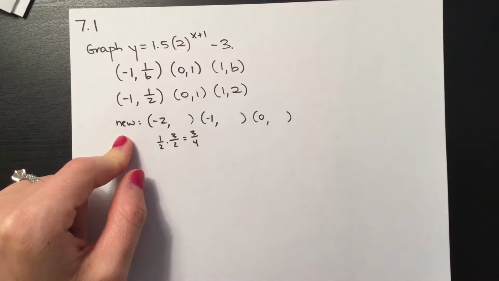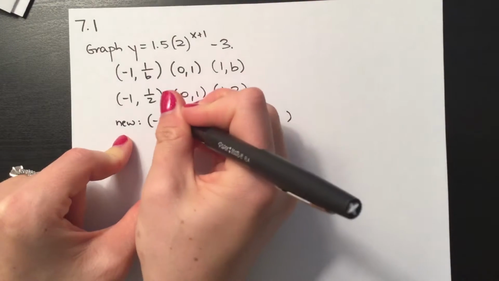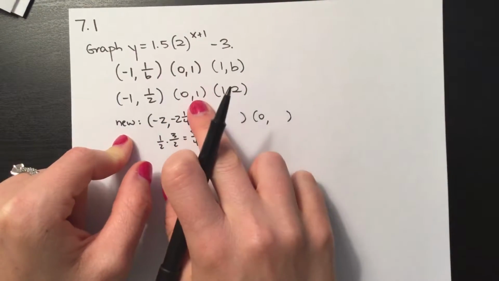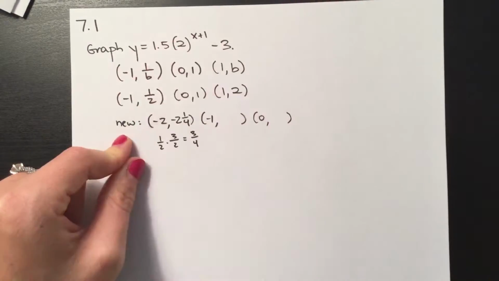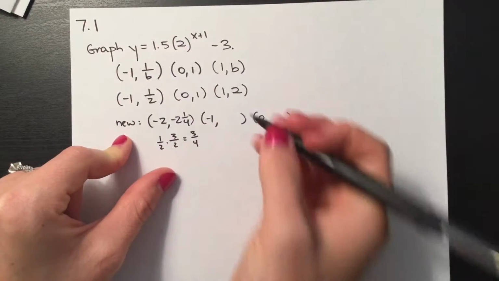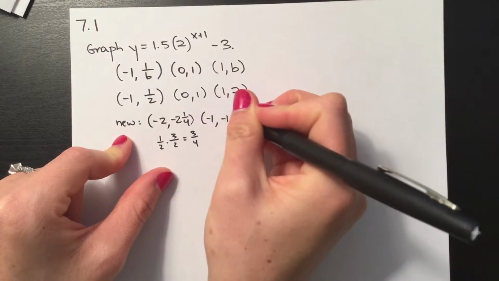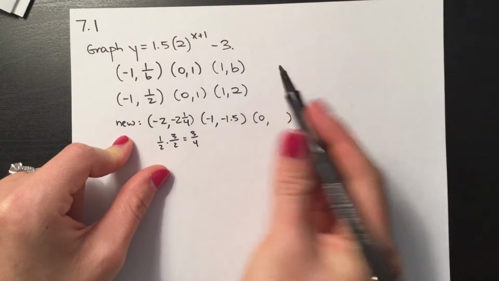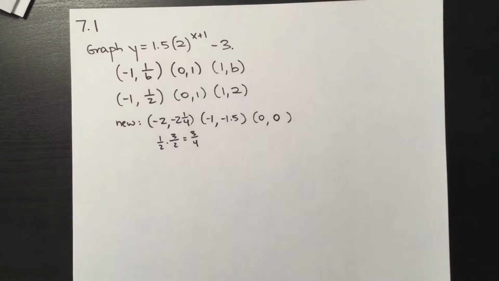Okay, so 3/4 minus 3 would be -2 and 1/4. Okay, and then starting here, 1 times 1.5, and then minus 3 would be -1.5. Here, 2 times 1.5 is 3, and then minus 3 would be 0. So those are going to be the new points.